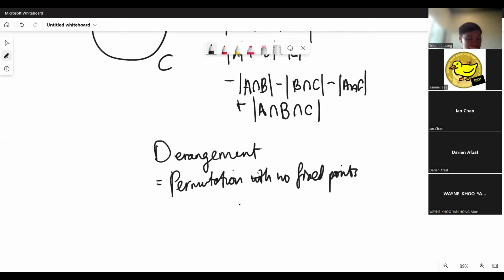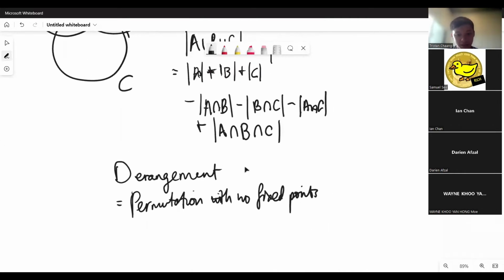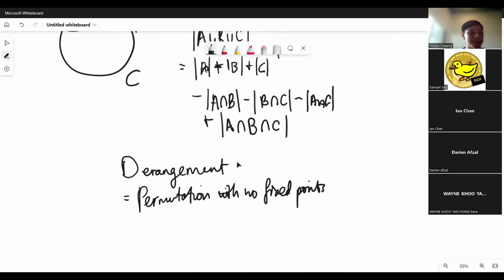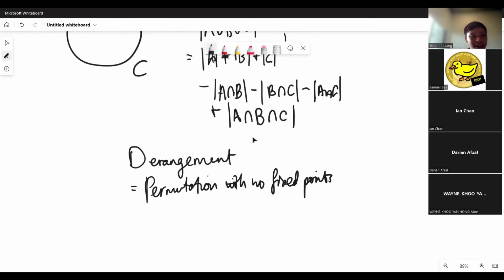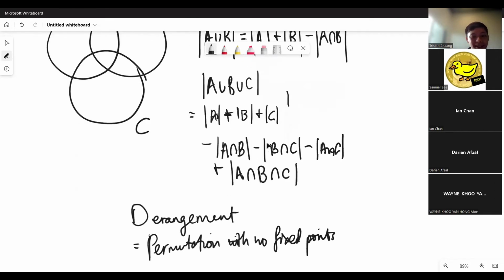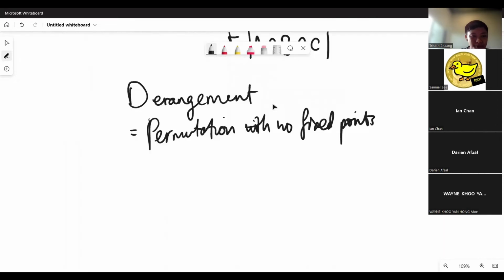Well, his or her own hat. That's basically a derangement. So the goal is to find, if there are n people, how many derangements are there? So here's how we do it.